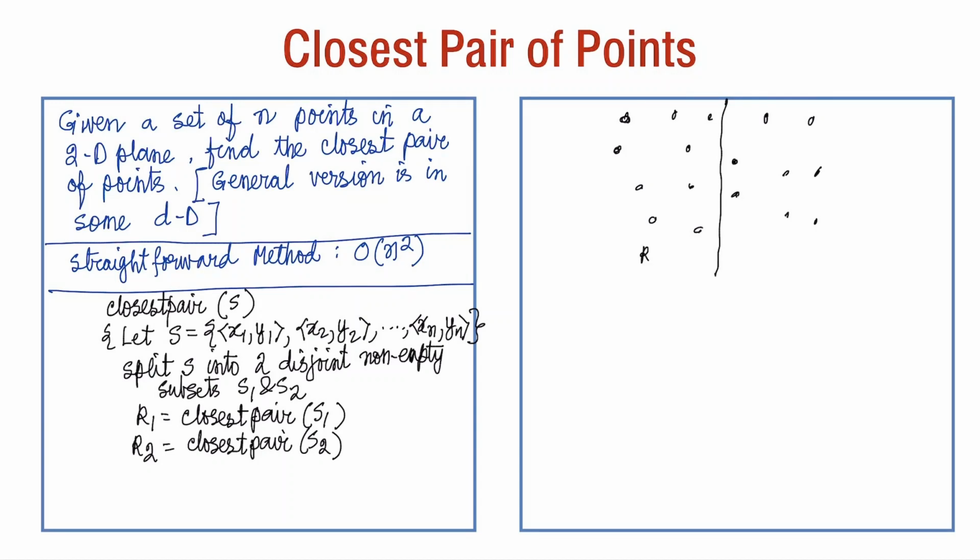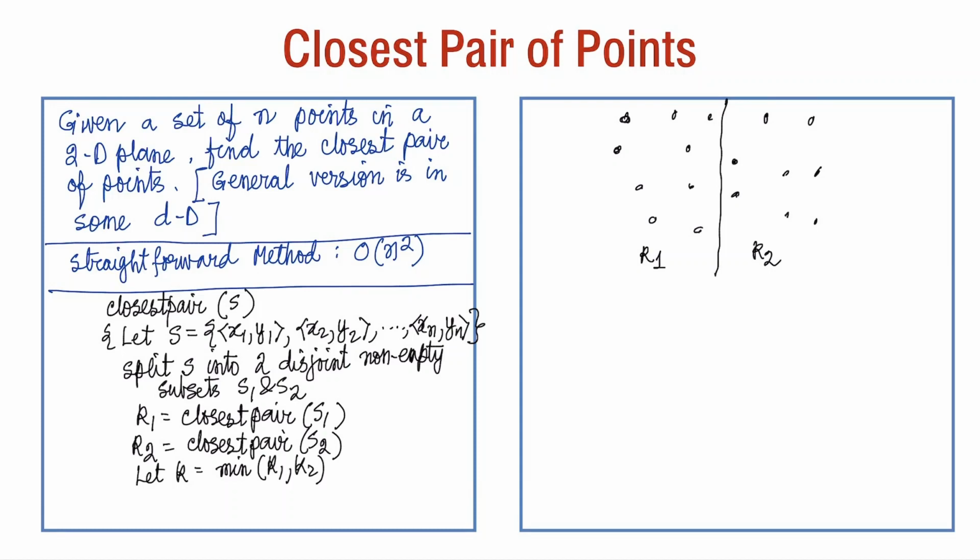We find the closest pair K1, we find the closest pair K2. Now we have to compare the set of points in the set S1 and the set of points in the set S2 and get the result, knowing very well that we have already found K1 and K2. So let K equal the minimum of K1, K2.